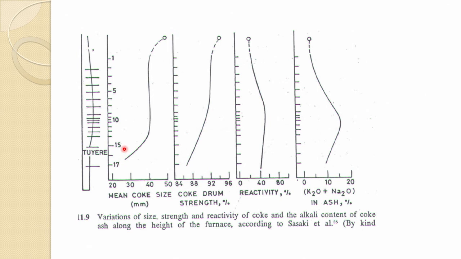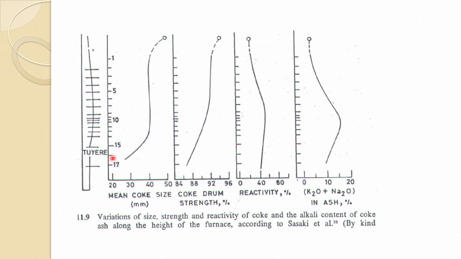So, you are feeding about 50 millimeter size in the starting, and by the time it comes to the TUL region, it reduces almost 50%, and even if it reduces 50%, one has to make sure this coke, because this is the harshest condition in the blast furnace, moving in the raceway, attrition, all those things are happening. It should be able to withstand all these things, even though it has reduced to 50% in size.